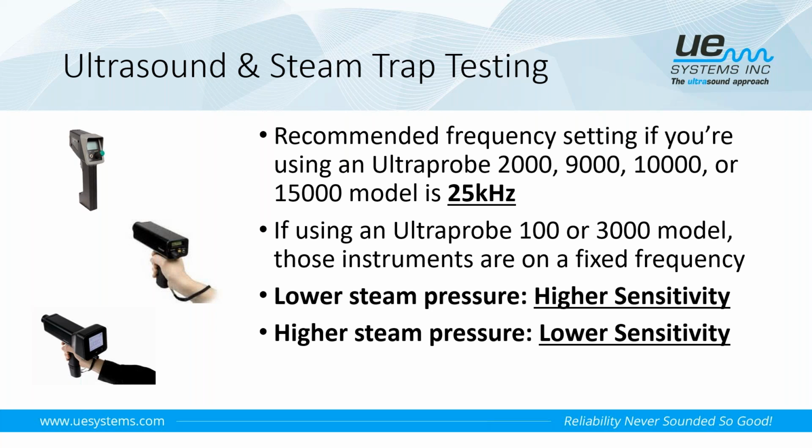That's if we're using the stethoscope module to make physical contact with the steam trap. If we're going to be listening for steam leaks to atmosphere using the airborne scanning module, that frequency setting is 40 kilohertz, with the exception of the UltraProbe 2000.